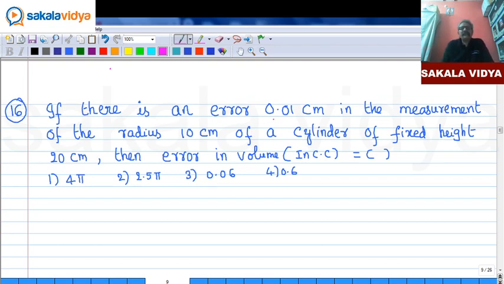If there is an error of 0.01 centimeter in the measurement of the radius 10 centimeters of a cylinder, fixed height 20 centimeters, you need to find the error in the volume. So this is a cylinder, this is the height, this radius is changing, this is the base radius r, this height is fixed.